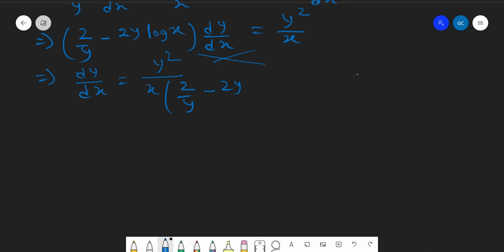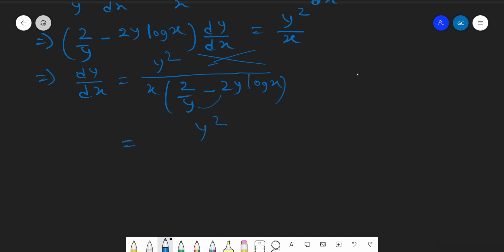Right. So considering this will be 1, so 1 will be y², so y² will be there, and this will be multiplying x. So now we will simplify this also.